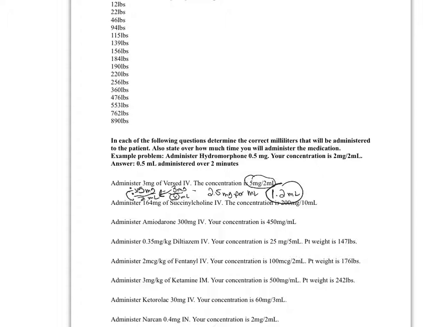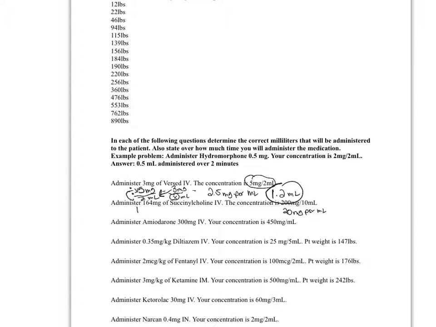Now let's take succinylcholine. I need to administer 164 milligrams of succinylcholine IV. My concentration is 200 milligrams per 10 mL. Well, I also know that this is going to break down to 20 milligrams per milliliter.